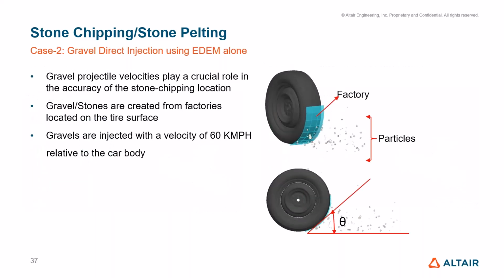So the second method is injecting the gravel directly onto the underbody from the factory created along the tire path. You can see this is the factory and this is the tire, and the gravel is injected with a known trajectory path. So we have to perform a test to understand the trajectory of the gravel versus the velocity with which the material flows.